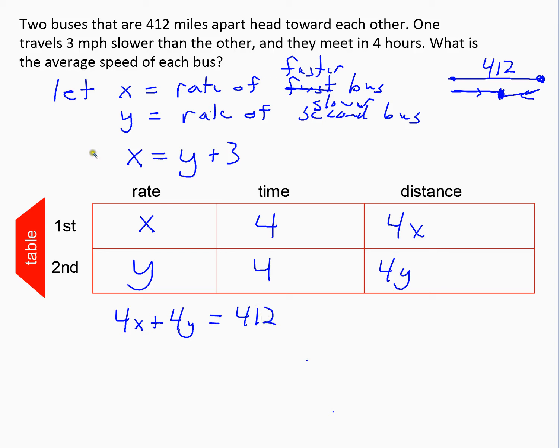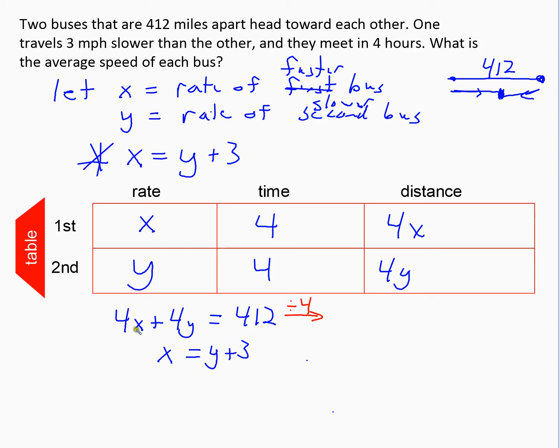And also we had this equation here, x equals y plus 3. That was the relationship of the rates. Well, this looks like it's set up pretty nicely for a substitution. Now this one, if you notice, everything here is divisible by 4. So I would probably go ahead and divide both sides by 4, which will give us a little simpler problem.